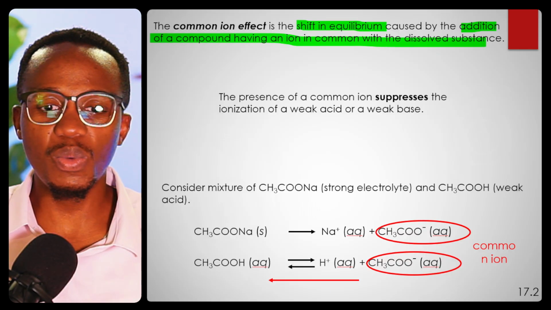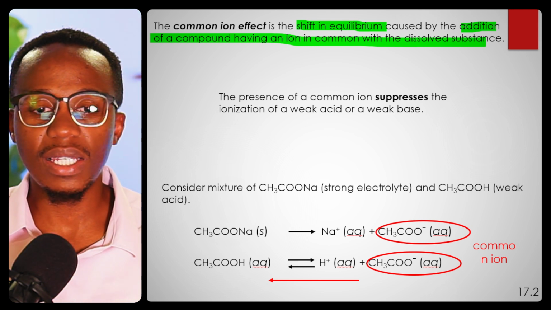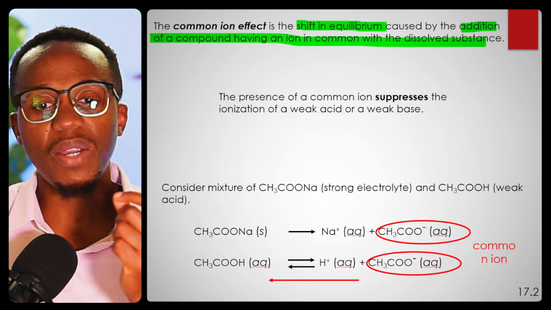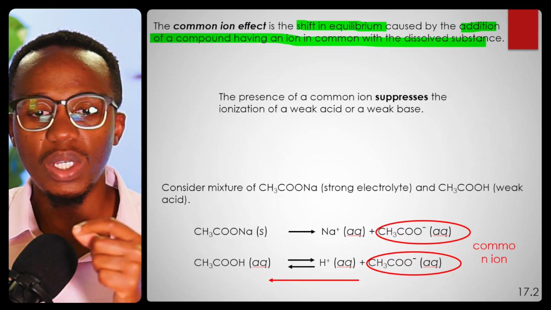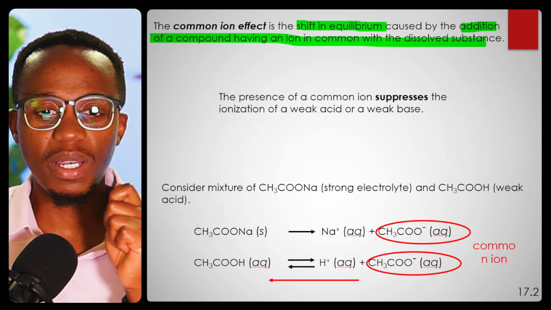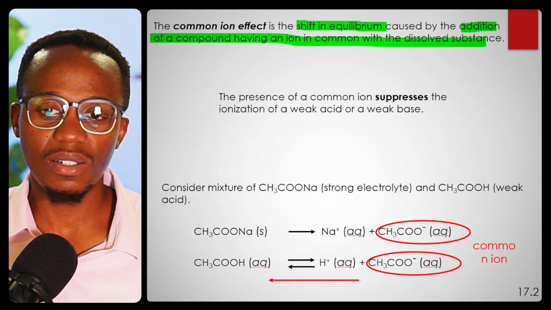Now, if you remember, what does this sound like? It sounds like Le Chatelier's principle when we talk about equilibrium, meaning that whenever you add something to a solution, it is going to change the equilibrium in order to counteract that change.